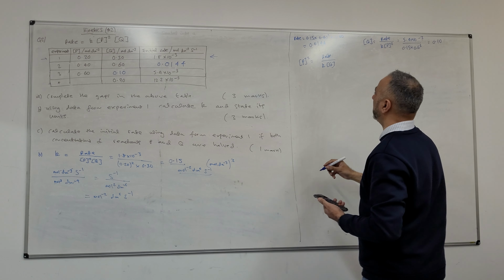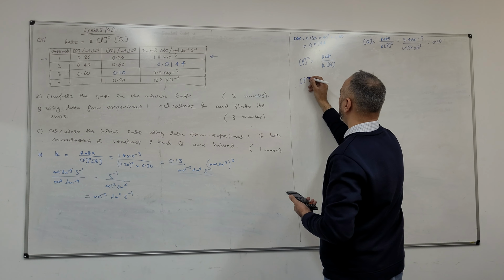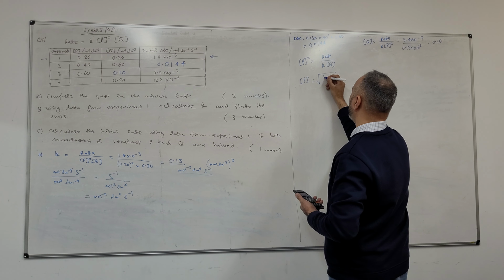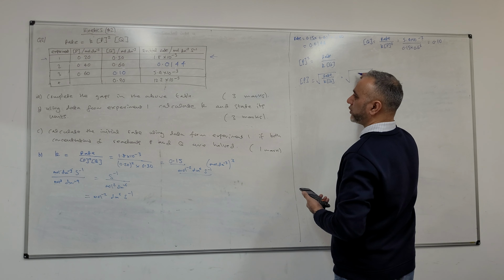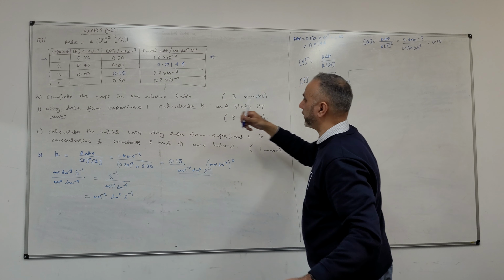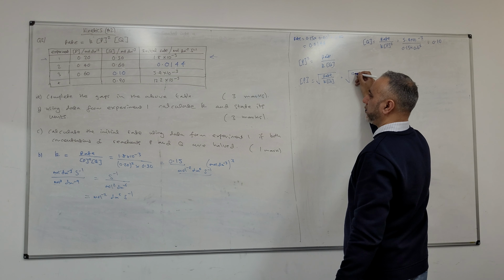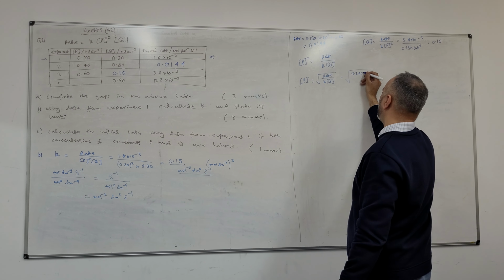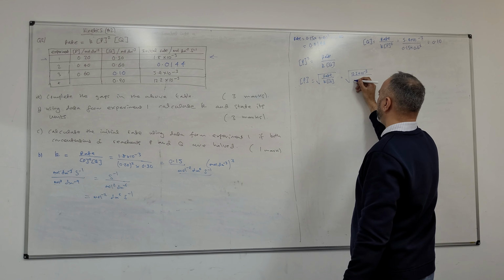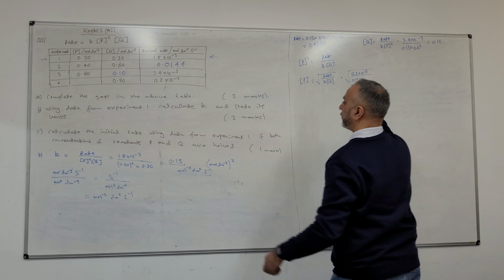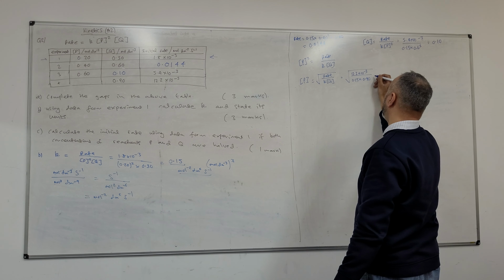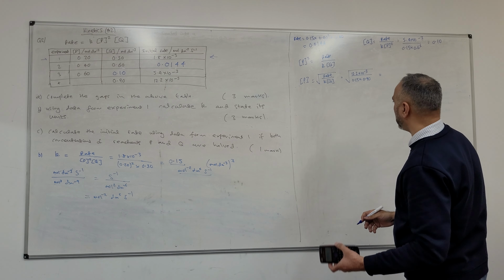You happy with that? And therefore P is equal to the square root of rate divided by K times the concentration of Q. So it's the square root of the rate for experiment 4, there it is, it's 12.2 times 10 to the minus 3 divided by K 0.15 times the value of Q for experiment number 4, which is 0.90, and let's do that.